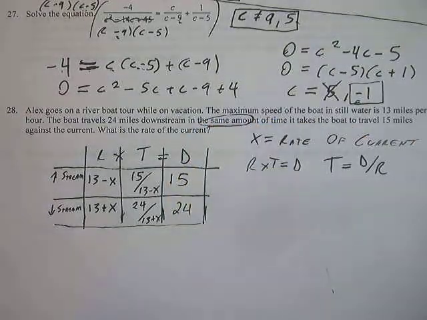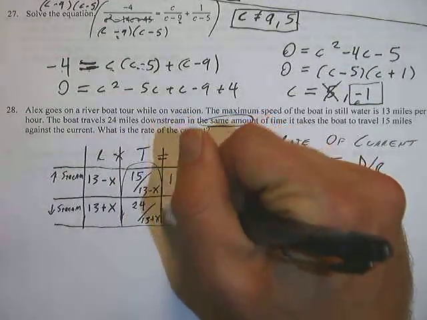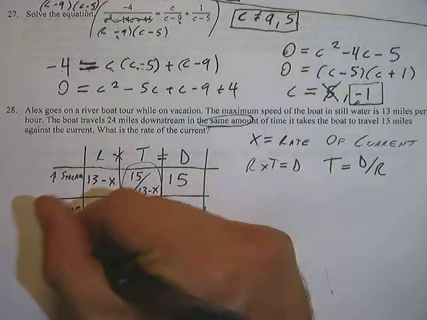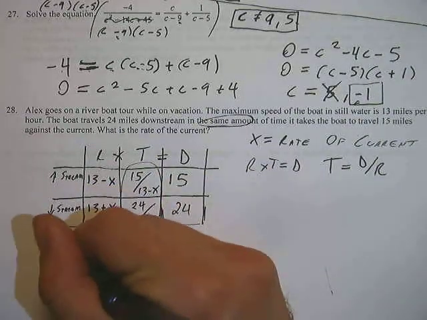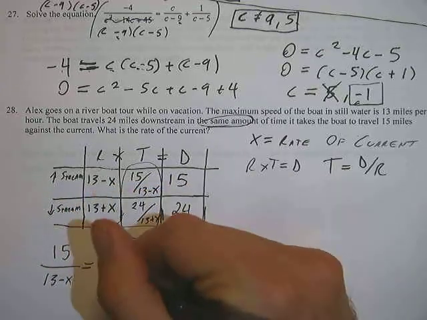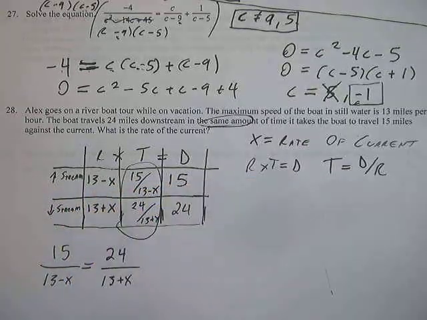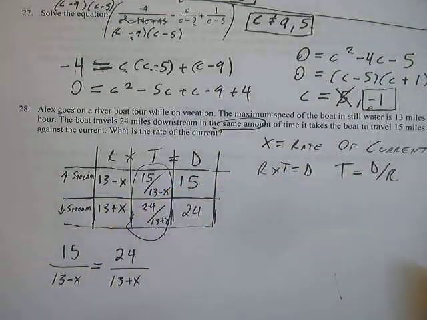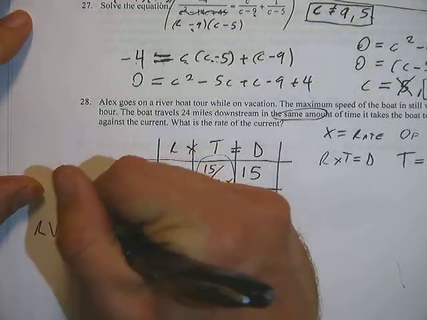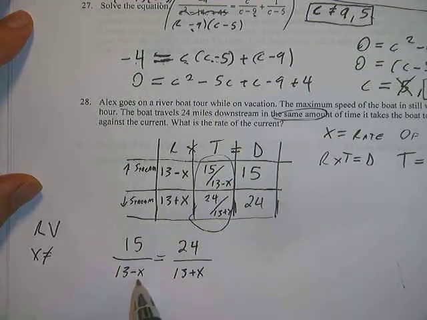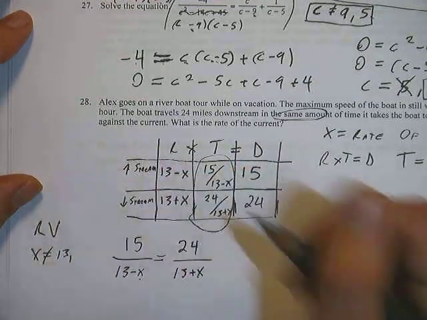And so here, I'm just going to simply do 15 over 13 minus x, and then 24 over 13 plus x. And the key phrase here is in the same amount of time, which means these two times are equal. So I'm going to set them equal to each other. 15 over 13 minus x equals 24 over 13 plus x.